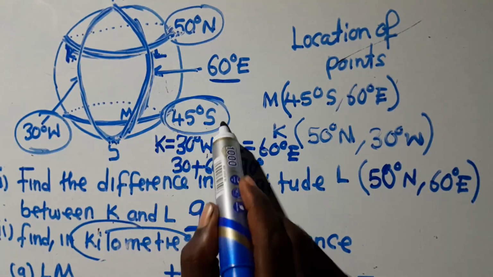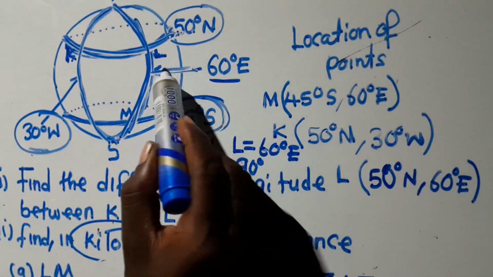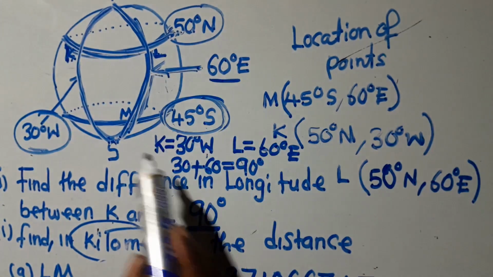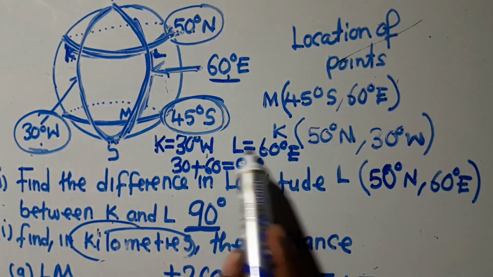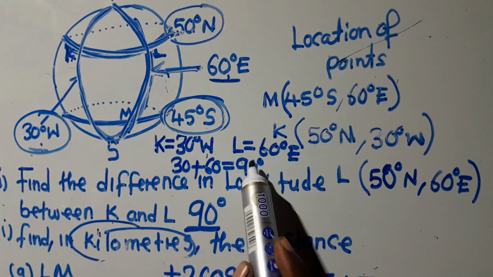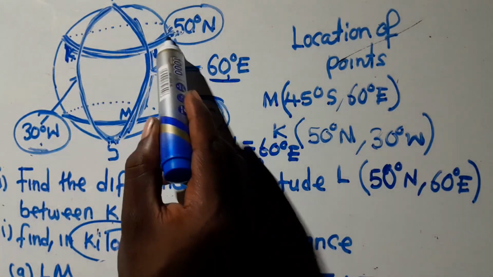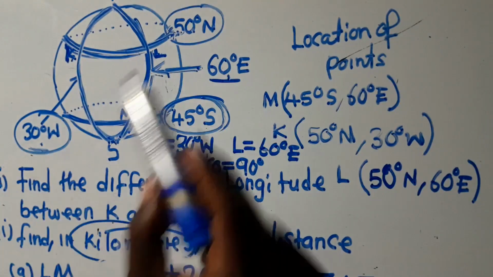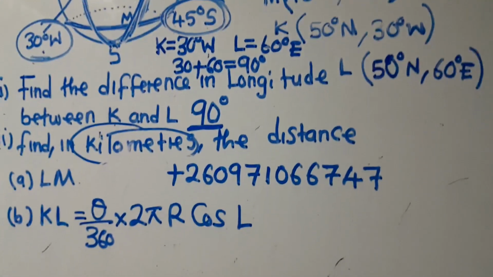L is on that. This is the longitude. This is what I answered at first. 30, 60. 30, 60, different direction, add. So there is 90. I know that the theta there is 90. On which latitude? 50. Latitude is what? 50 there. So I am now going to substitute in the formula.